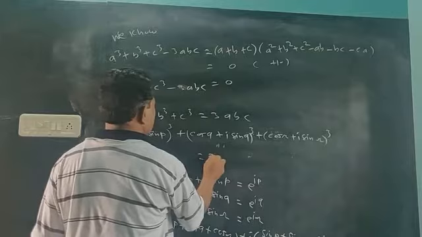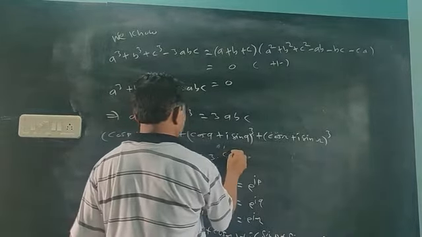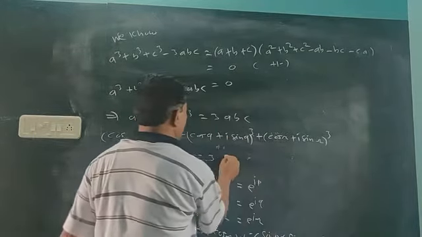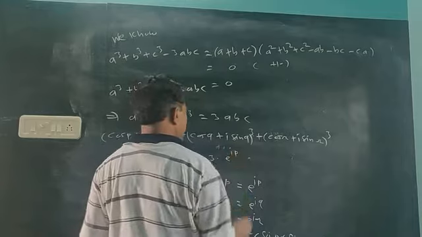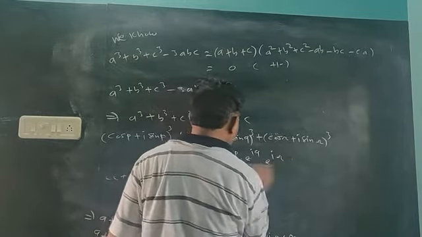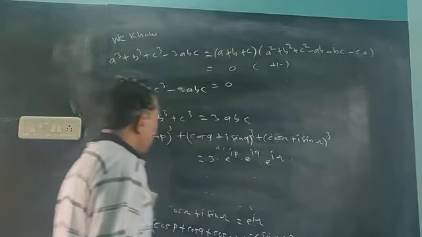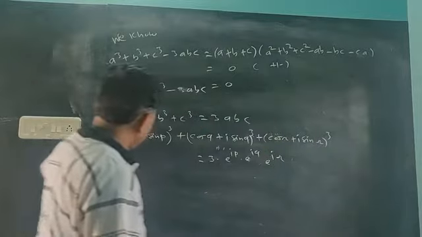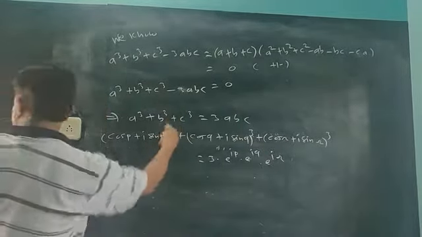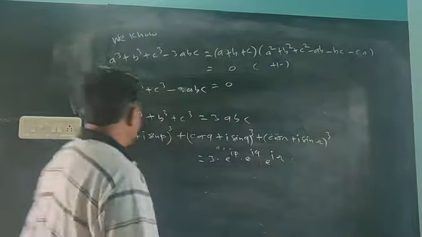And the right side is 3 times abc, for which we can use e raised to power ip, e raised to power iq, e raised to power ir, because of multiplication, by the index law. Now raised to power 3, by De Moivre's theorem.